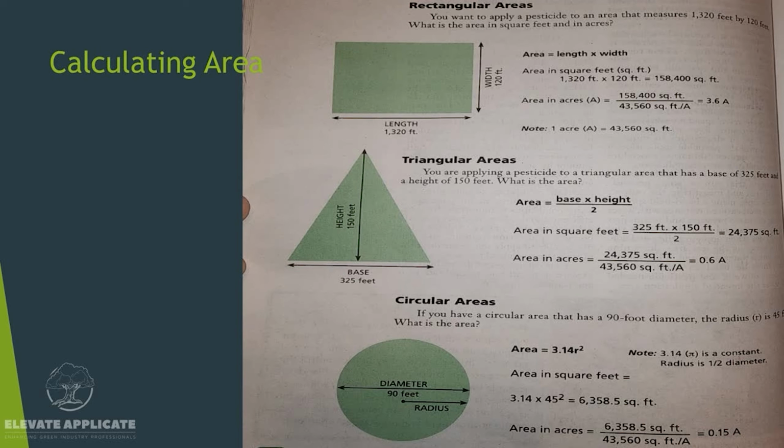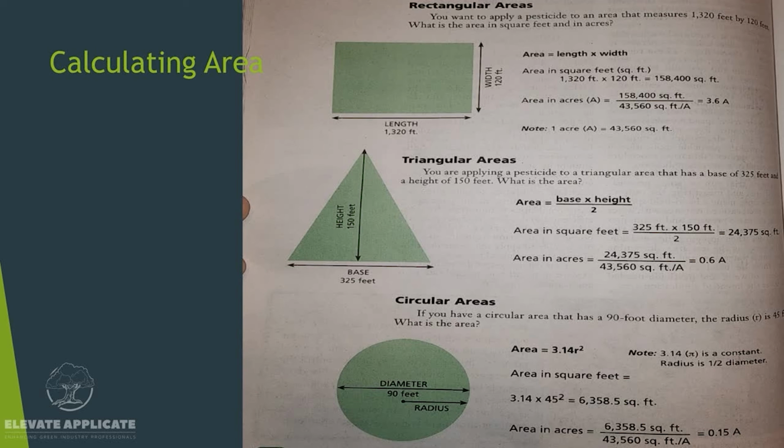This example shows us a 90-foot diameter circle, which means the radius is 45 feet. So we're going to do 3.14 times 45 squared, and we get 6,358.5 square feet. Now, if we wanted to convert that into acres, it's the exact same thing. We take our number that we got and we divide it by the acre number.